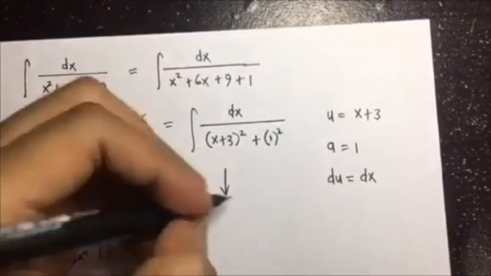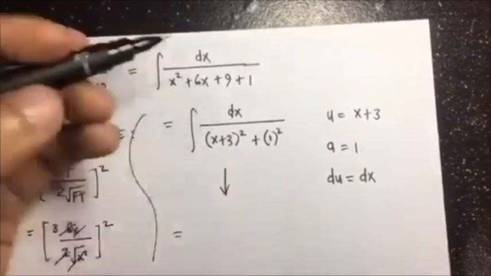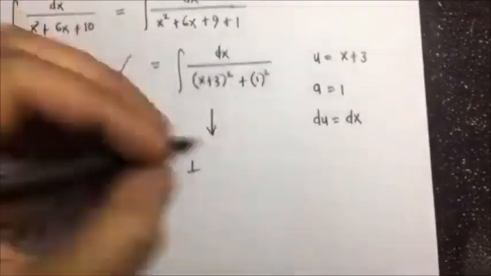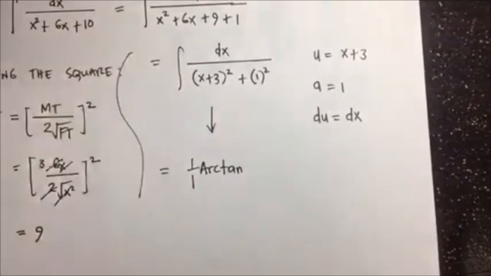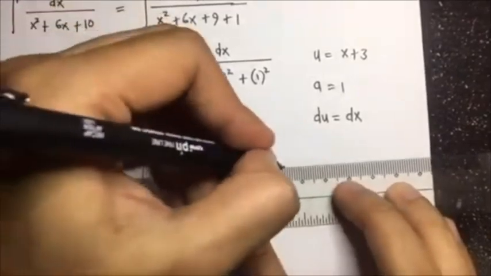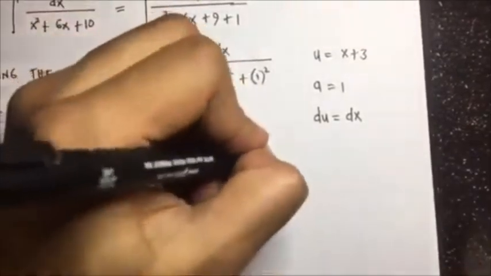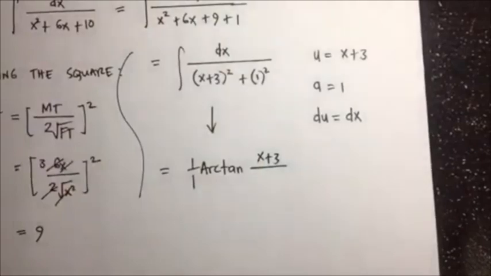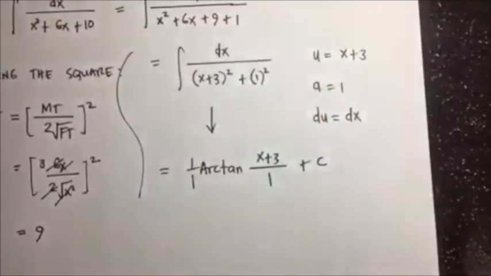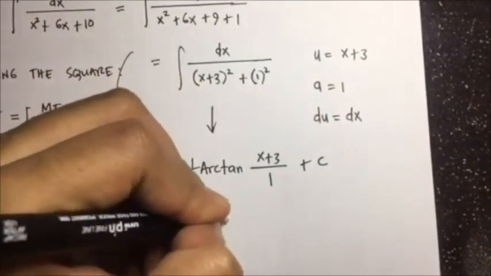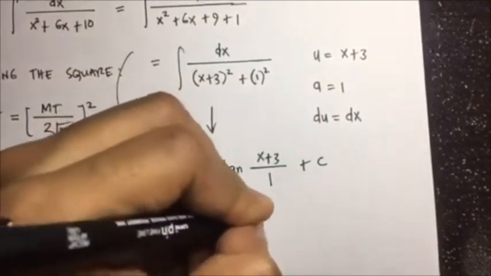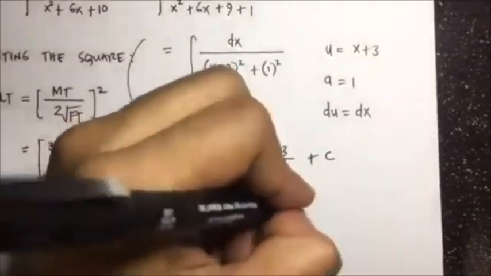This will be equal to 1 over a, so 1 over 1, arctan of x plus 3 over 1, plus c, or arctan of x plus 3 plus c.